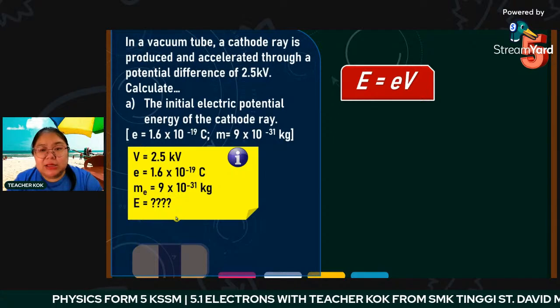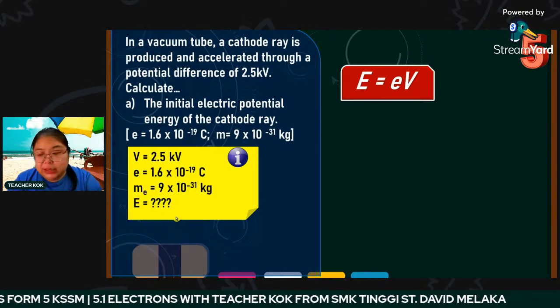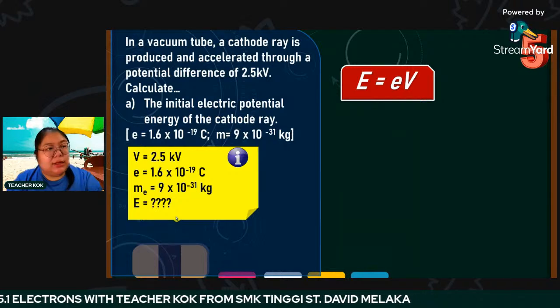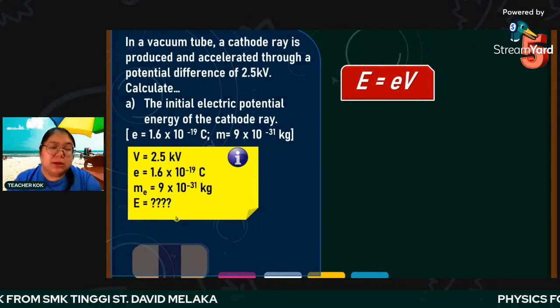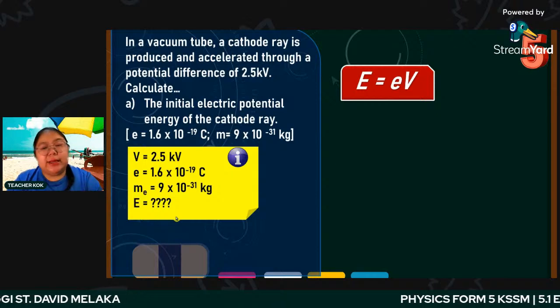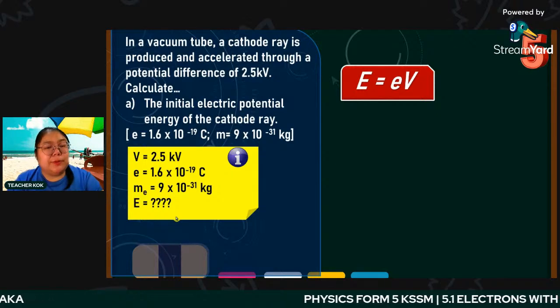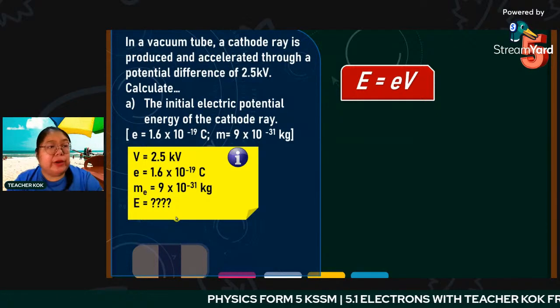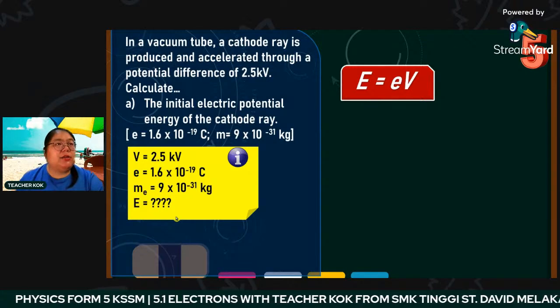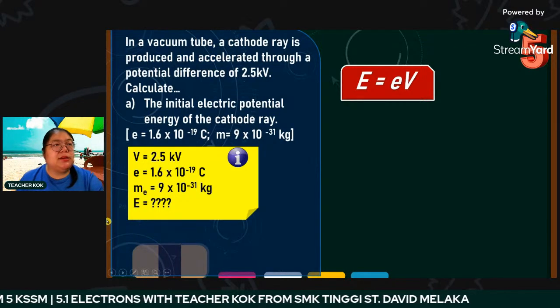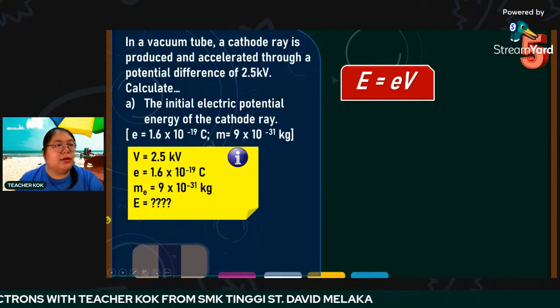So give me the answer for capital E. Just simple. We go straightforward, the electron charge multiplied by the potential difference, so that means we can get the answer. We're going to check how many students give the correct answer.